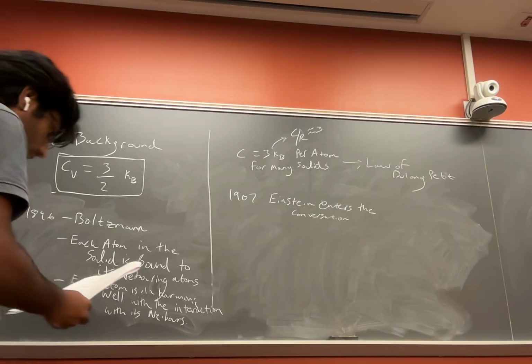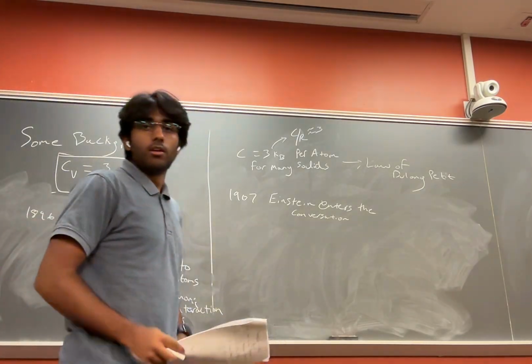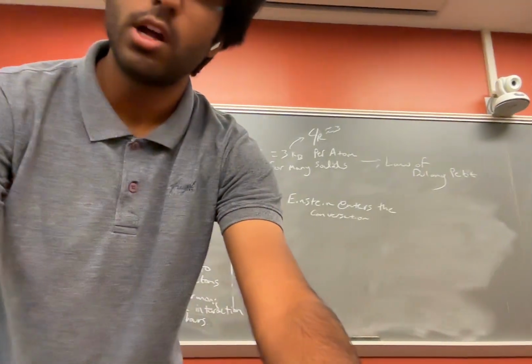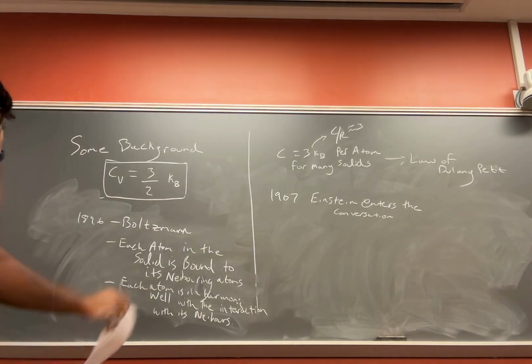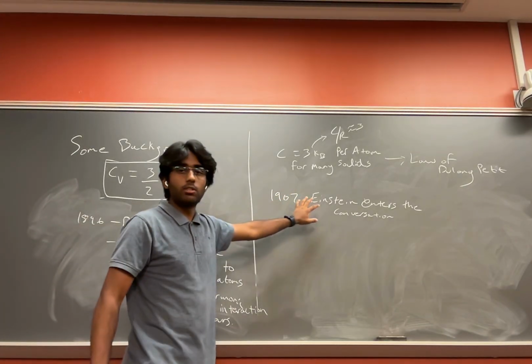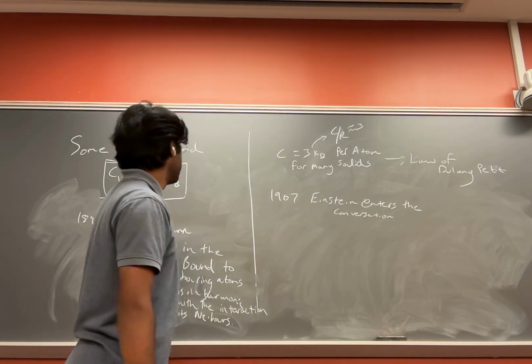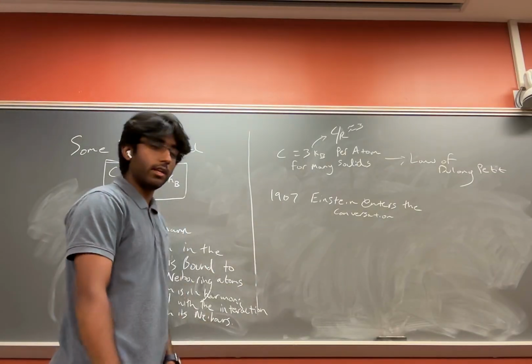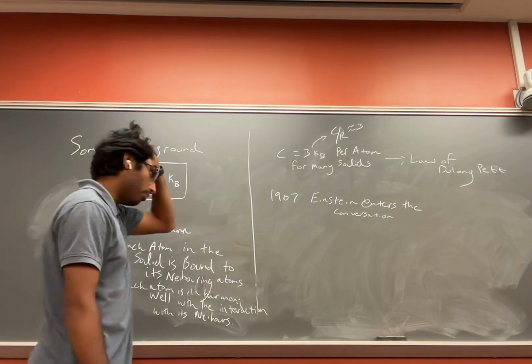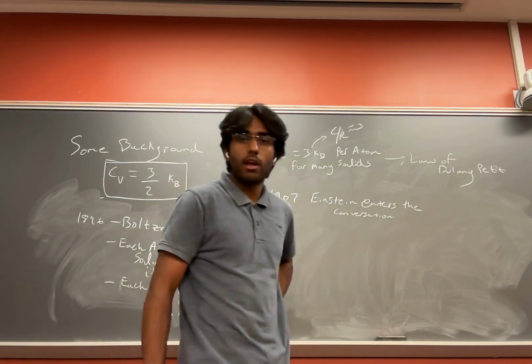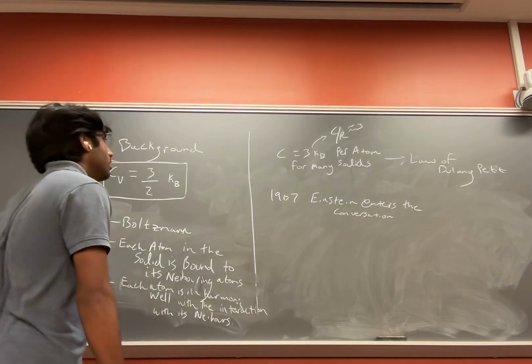And the assumptions that he made for his model of a solid were actually, let me tell you the motivation. He did not take this issue lightly. He wanted to figure out why the heat capacity decay happens at low temperatures.